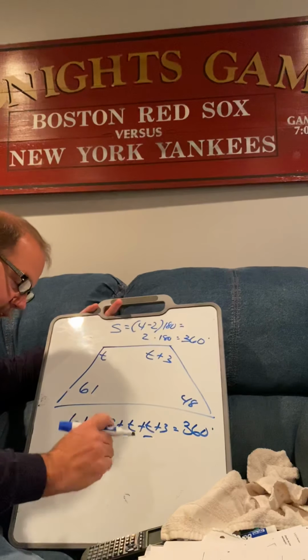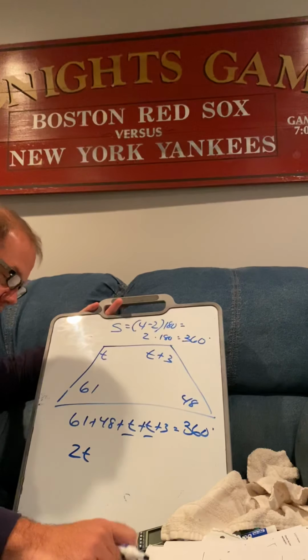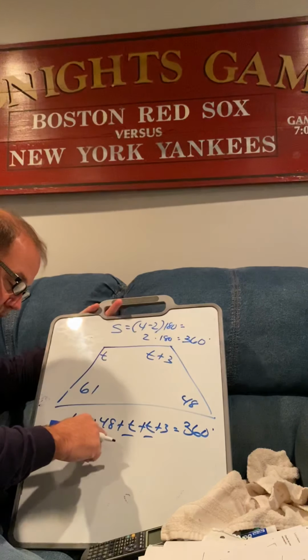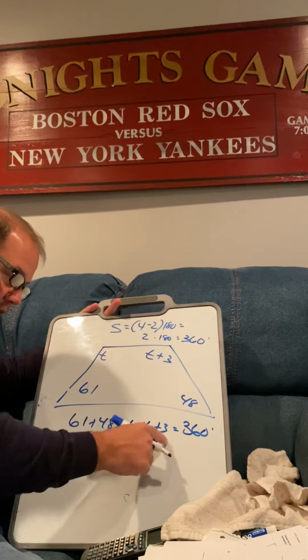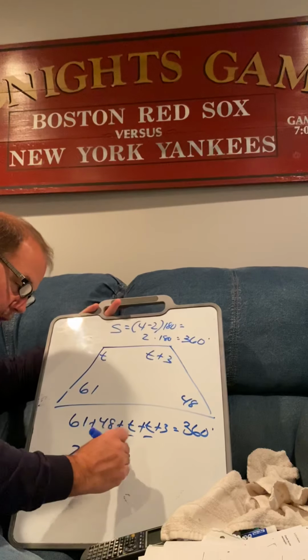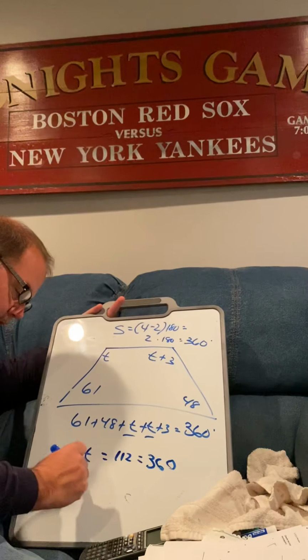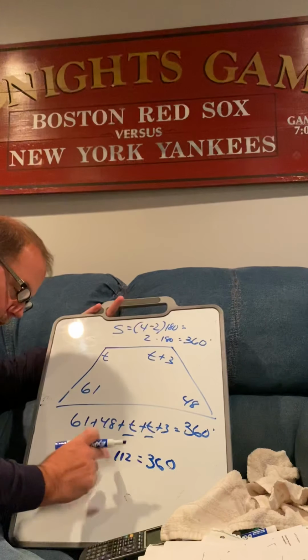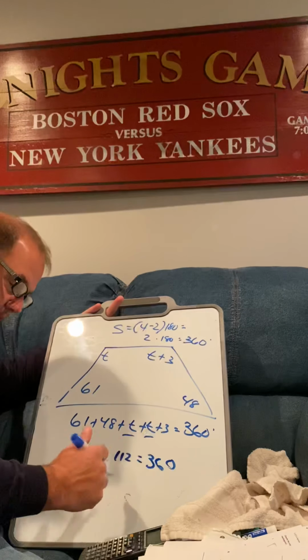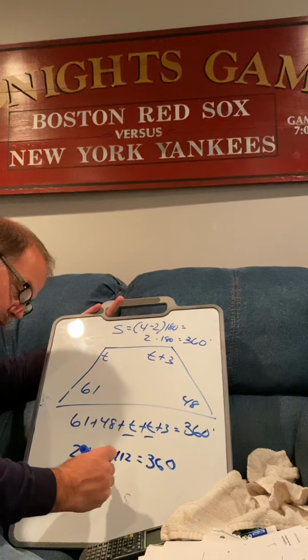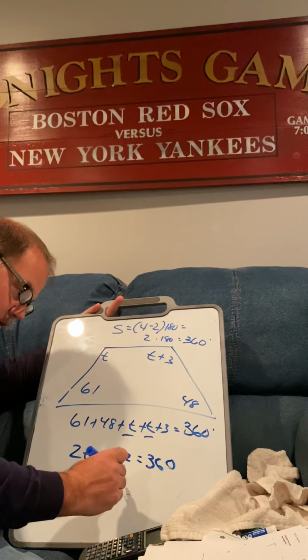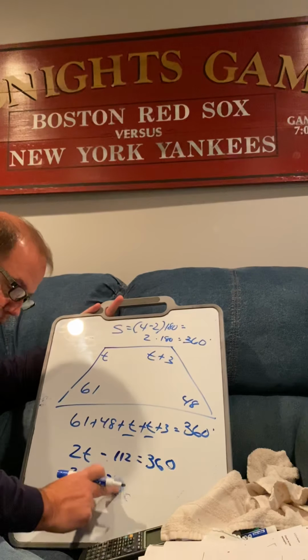So if I add my two t's, I have 2t. 61 and 48 is 109, plus 3 is 112. Okay, if I subtract 112 from 360, I'm going to end up with 238 degrees, or excuse me, 248 degrees.